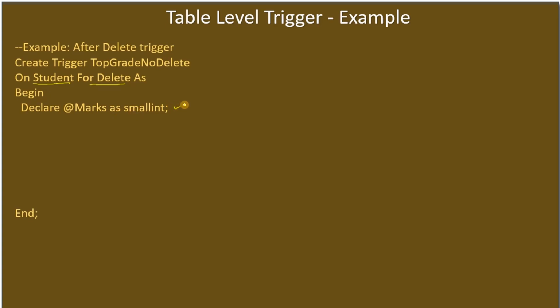Here we declared a variable. Then we have the select statement, select @marks equal to percent_mark from deleted. So here, we are referring to the deleted virtual table. The trigger runs for the delete statement, and here we are reading from the deleted virtual table. We are taking percent_mark and assigning it here.